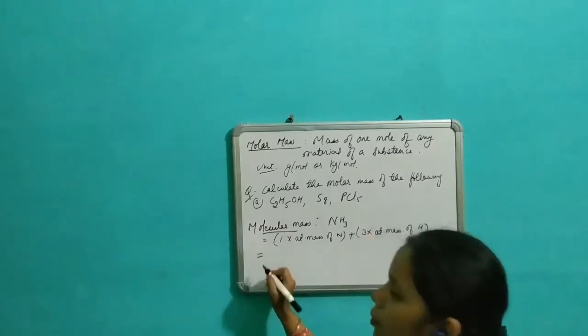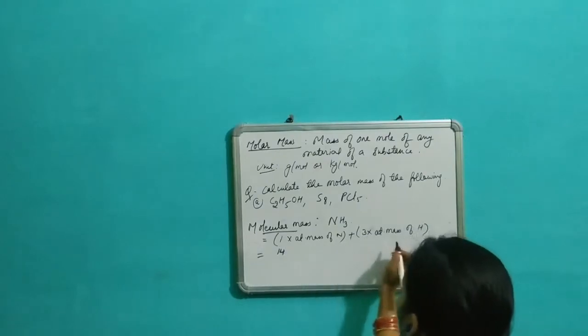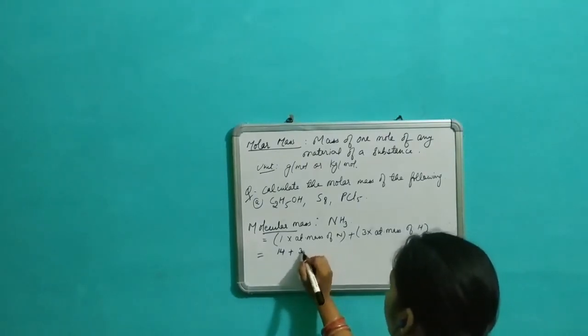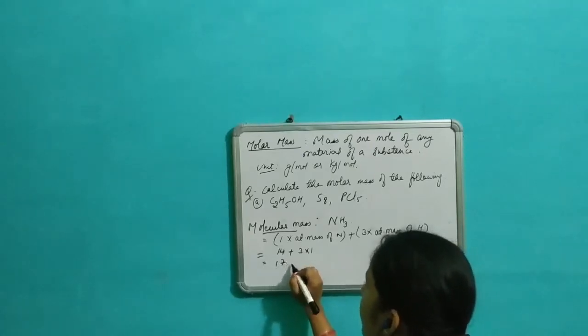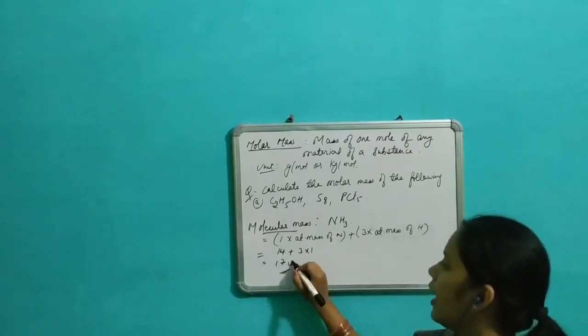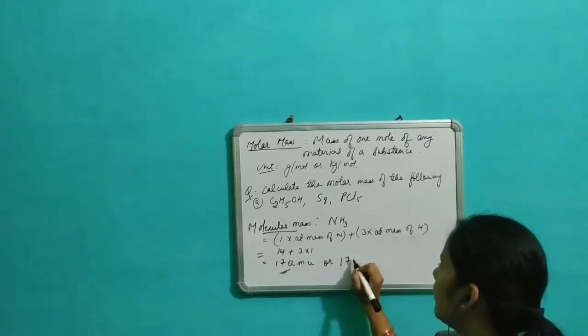So what is the atomic mass of nitrogen? That is 14, plus atomic mass of hydrogen, that is 1. So 14 plus 3, that is 17, and it is expressed in atomic mass unit, or simply we write 17 u.